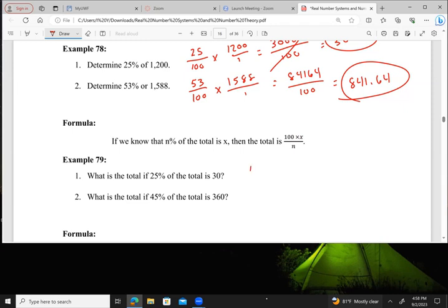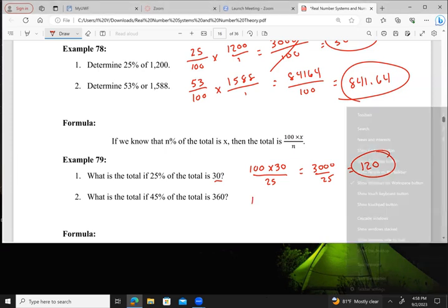So we have 100 times 30, right? Total is 30 over n, the percentage, 25. So this is 3,000 over 25, which is 120. What is the total if 45% of the total is 360?